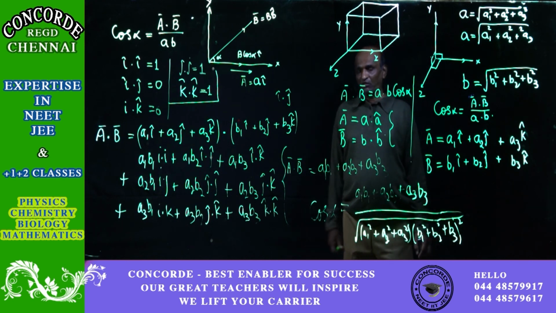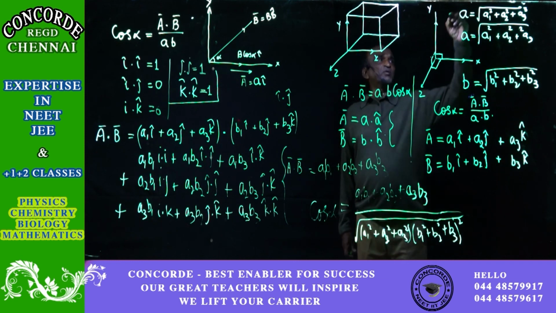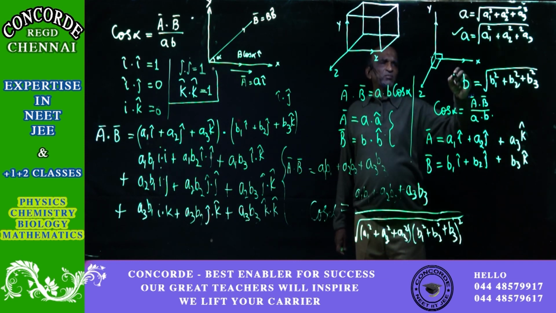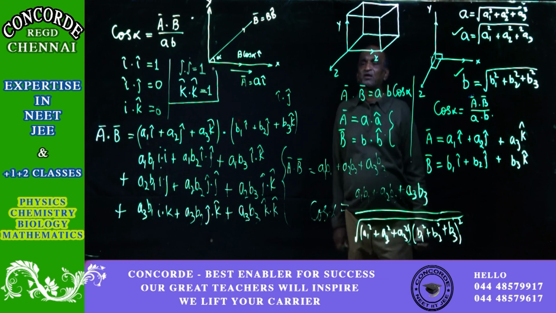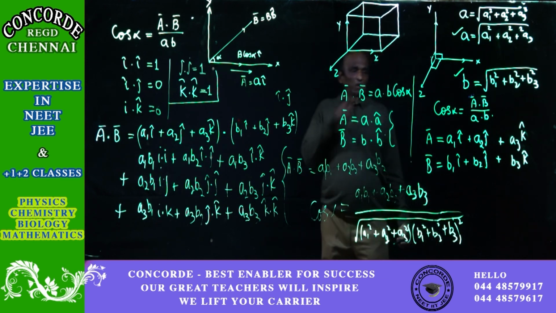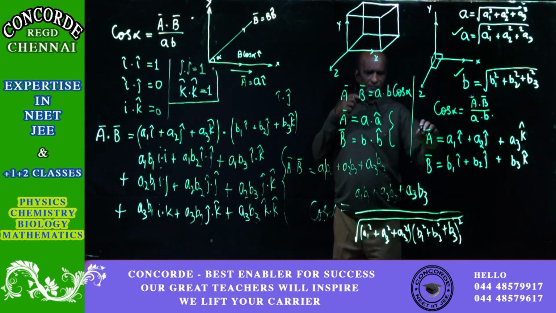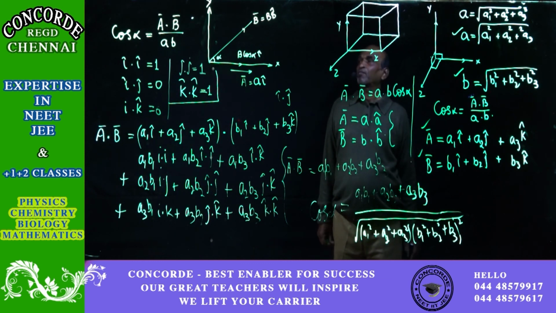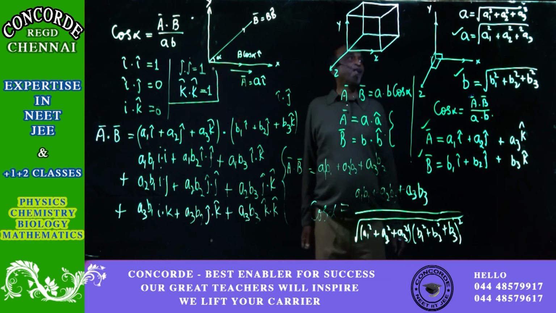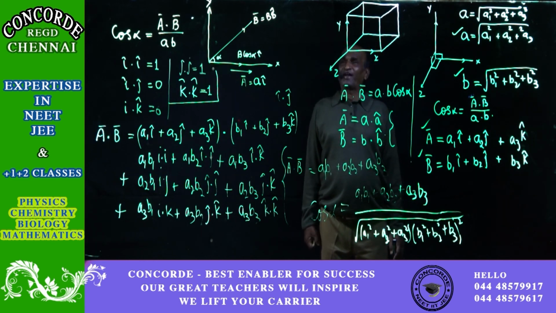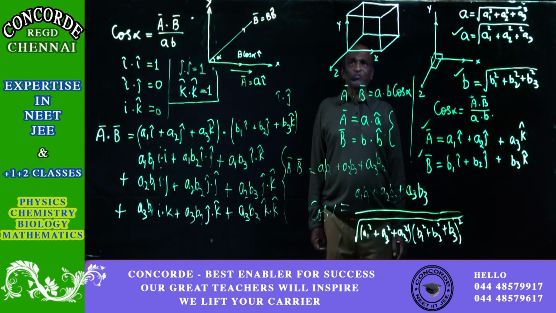So, we know now how to find the value of cos alpha. But thing is that you have to remember this, and this, and this, and you also have to remember this. So, for finding out the cosine of any angle or for writing down the equation with regards to the dot product, you have to remember 5 different expressions.